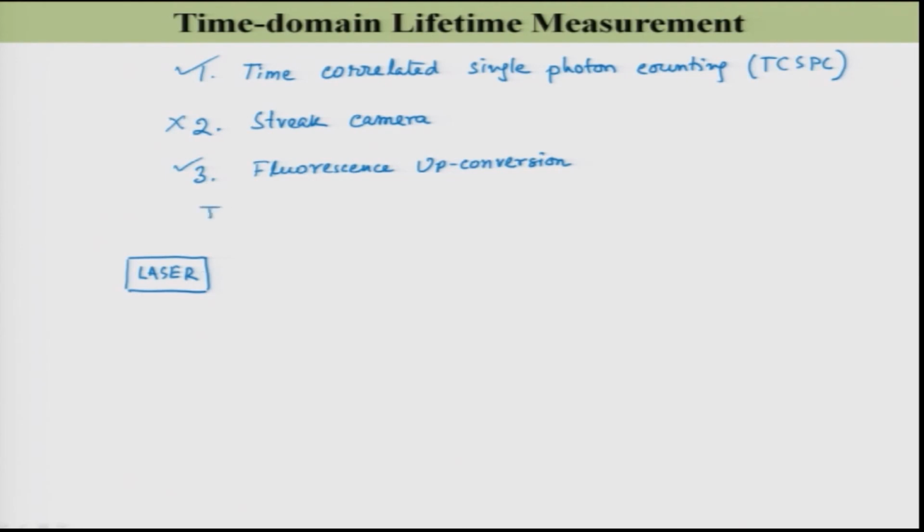So, this is my TCSPC, and here I have this laser, and just after the laser I have something over here, then my sample is placed over here. When the laser light comes, it will excite the molecule, and I have again something over here.